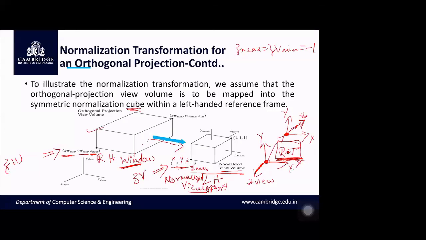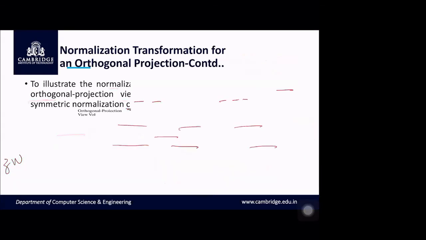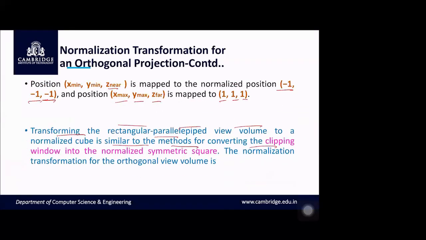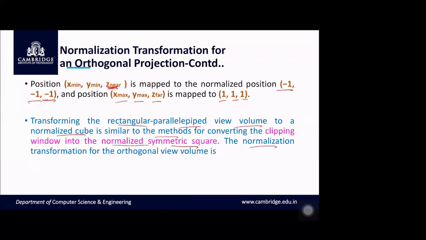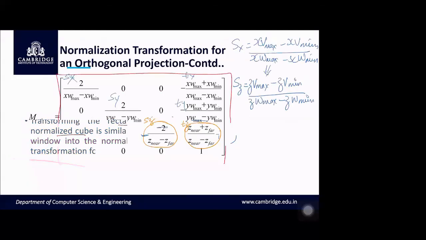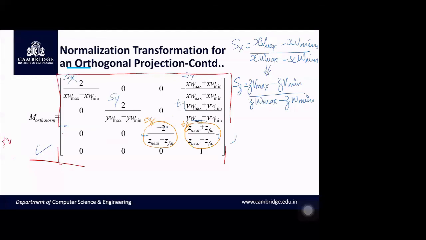In the same way, Z far is equal to ZV max, which is equal to 1. That is this part, which is equal to 1. Okay, so let me take those values. So here they have given, that is ZV min. ZV min is equal to -1.